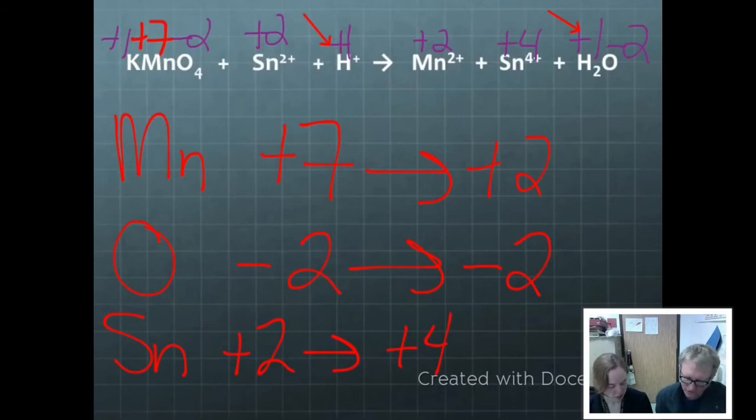If I look at manganese, I can see that it went from +7 to +2. So is that up or down? It went down. Down is reduction. We have reduced our oxidation number. And tin went up, and so it was oxidized.